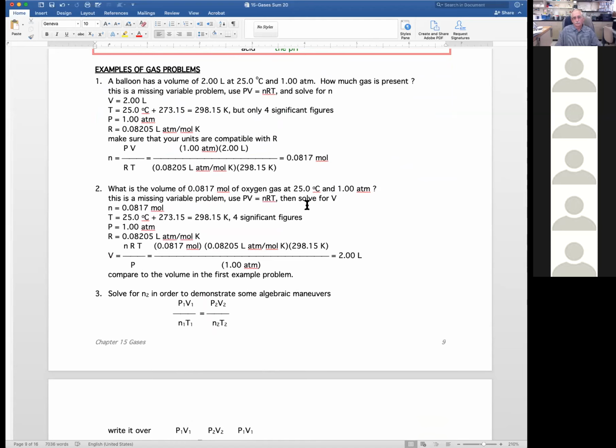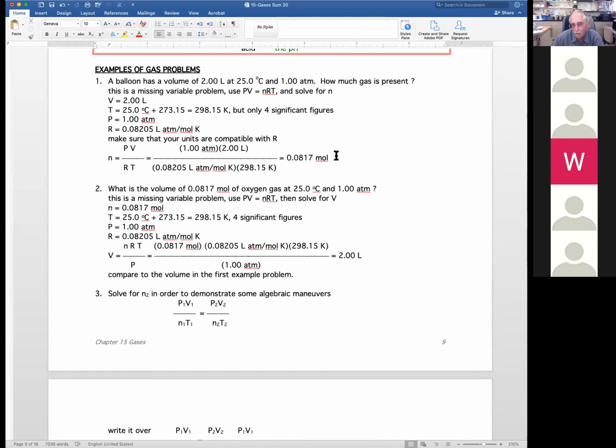Okay, well, let's look at a few gas problems. Balloon has a volume of 2 liters. Oh, V, I should say, at 25 degrees. Oh, there's T, but I have to convert it to Kelvin. 1 atmosphere, oh, that's P. How much gas is there? I'm just solving for n. So I take PV equals nRT, solve for n, plug in all my numbers, and I get the answer.